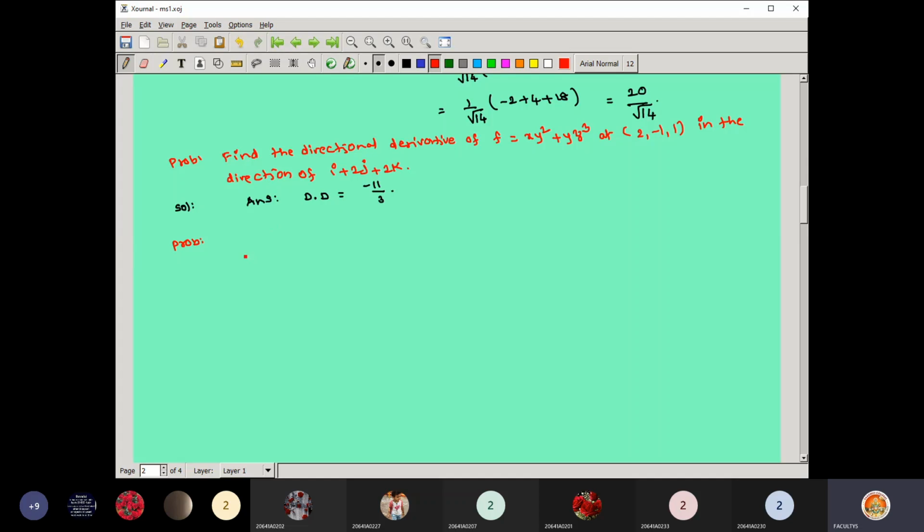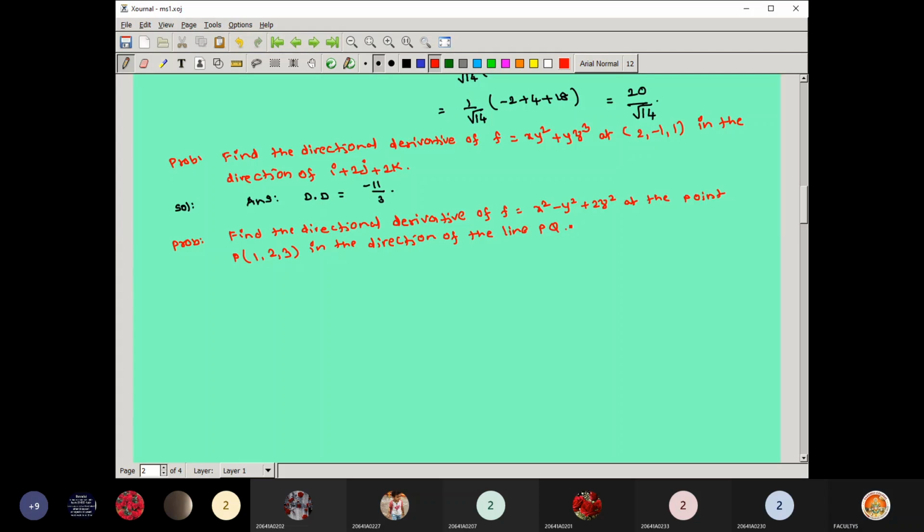So I give you one different type of problem. Find the directional derivative of f equal to x squared minus y squared plus 2z squared at the point P, which is 1, 2, 3, in the direction of the line PQ.